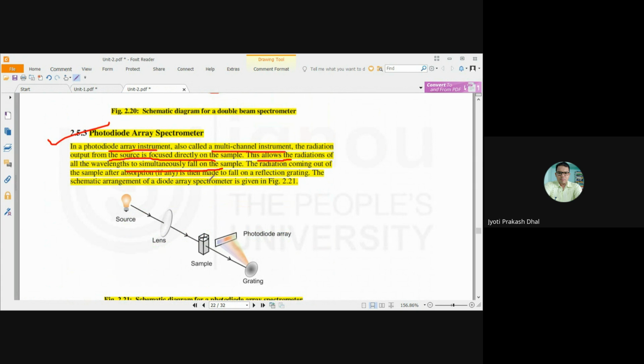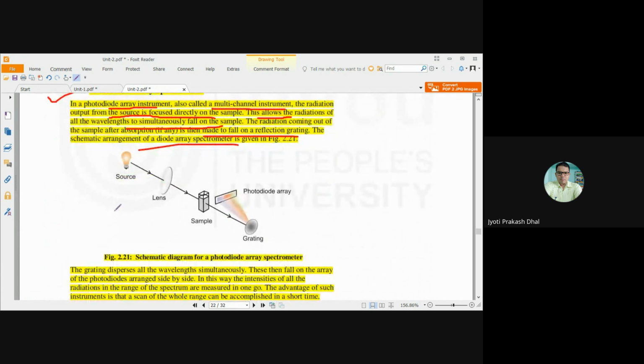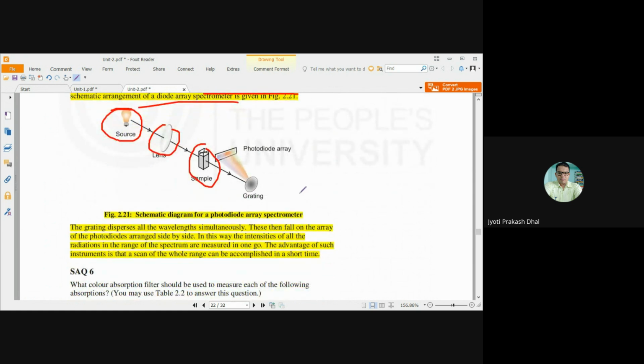The radiation coming out from the sample after absorption is made to fall on the reflecting grating, and the schematic arrangement will be like this. So this is the source of the electromagnetic radiation passing through the lens. All the radiation containing all the wavelengths will pass through the sample, and it will be observed through gratings.